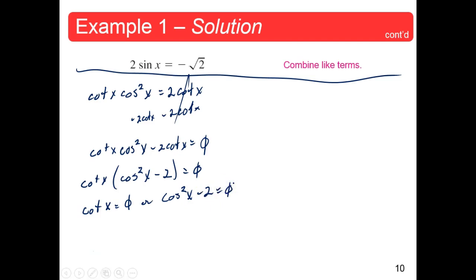Okay? So what can you do with the first one? Where is cotangent equal to 0? Now you ask yourself, what is a cotangent anyway? In terms of your quotient identities or ratio identities. What is cotangent?